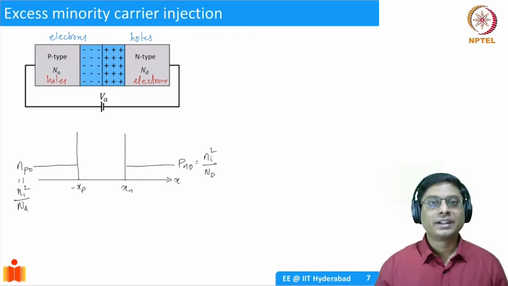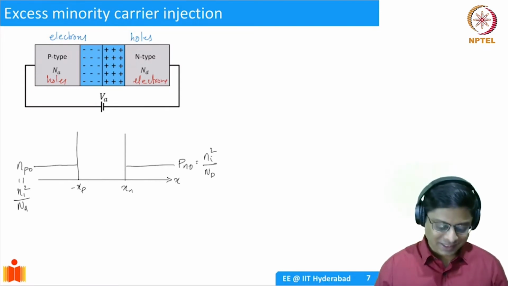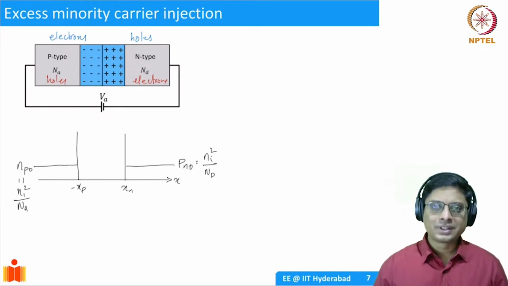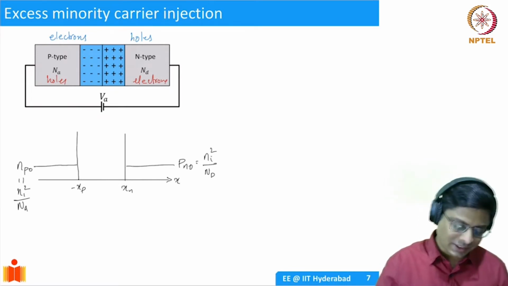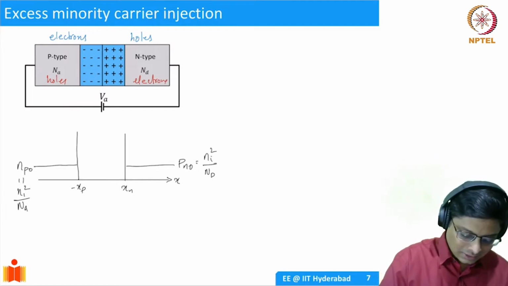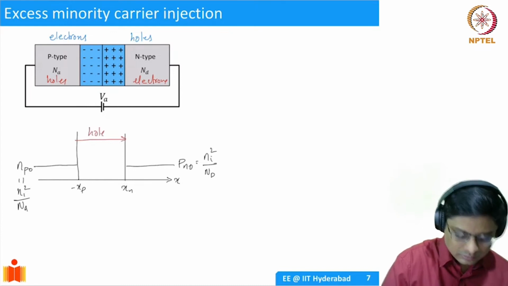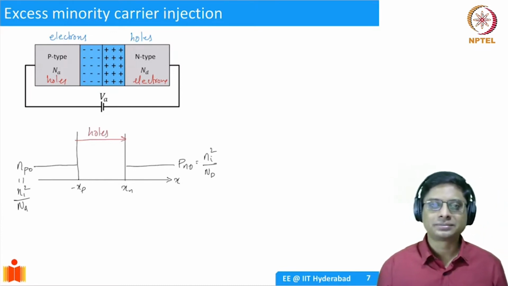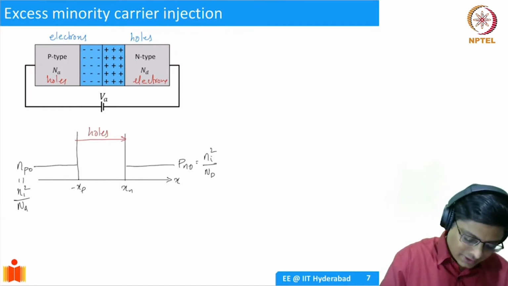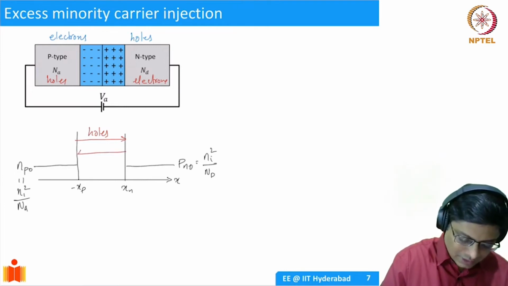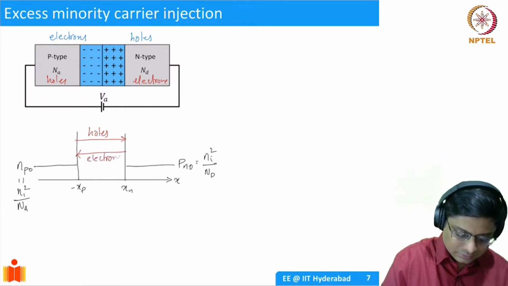Now, what happens when we apply a voltage? That's where a lot of interesting things happen. When we apply voltage, we said that we are actually injecting holes into the N side. Similarly, we are injecting electrons into the P side.